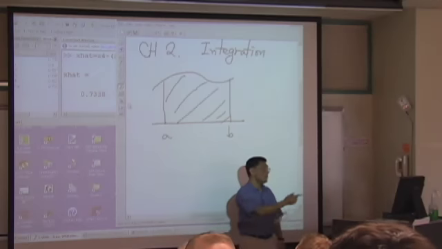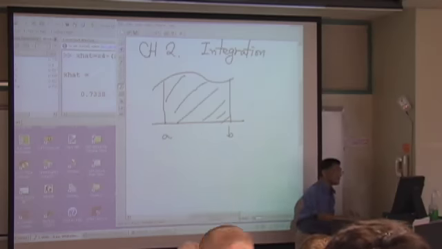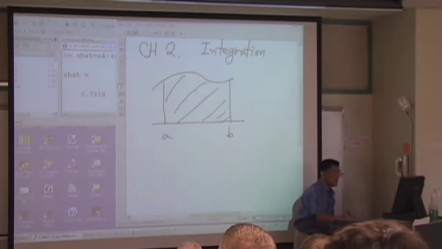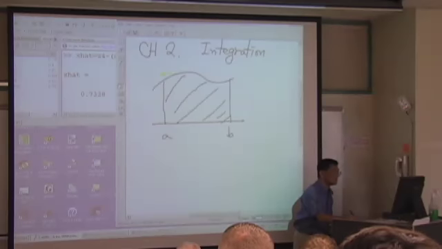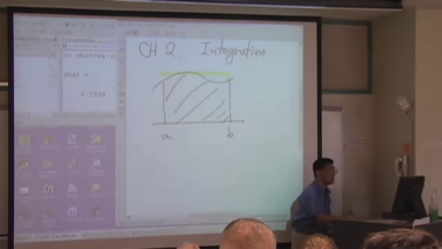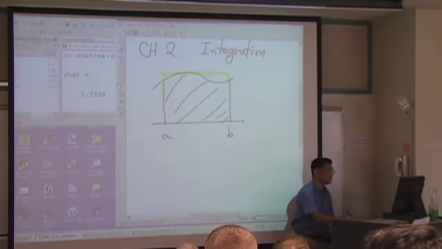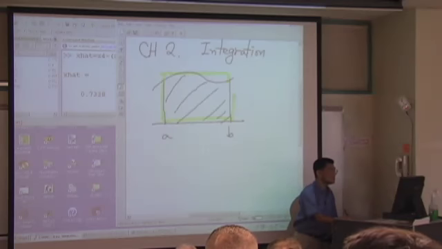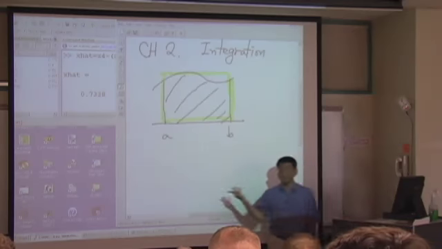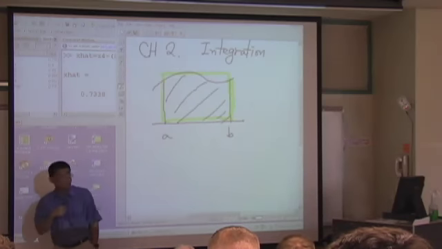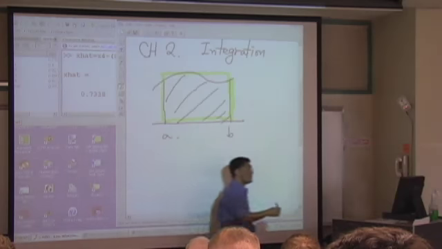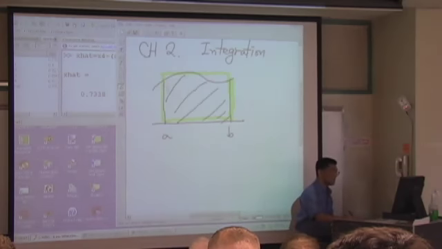So we want to measure this area by using an order 0 function, like this. Right? Then we can develop one method by using an order 0 function. In other words, by using a rectangle, we want to measure the area. And the second method is using order 1 functions, a little bit slanted line, right?